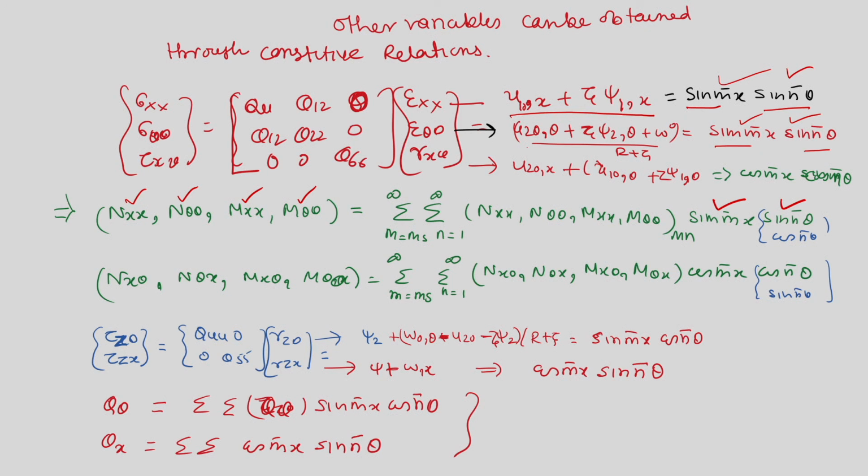Then we talk about nx theta. For that, tau x theta gives you an expression of cos and cos. So, nx theta, m theta x, mx theta, m theta x will be represented as a cos series. Some of you may ask why we are worrying about this, as ultimately we are going to solve only for displacement.